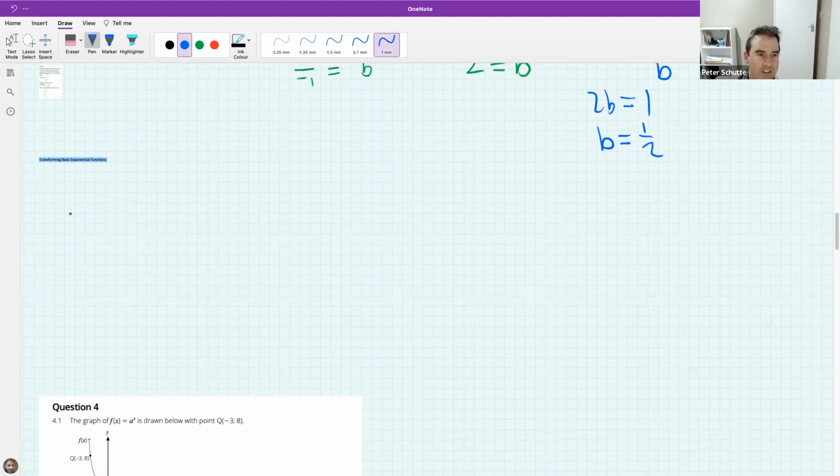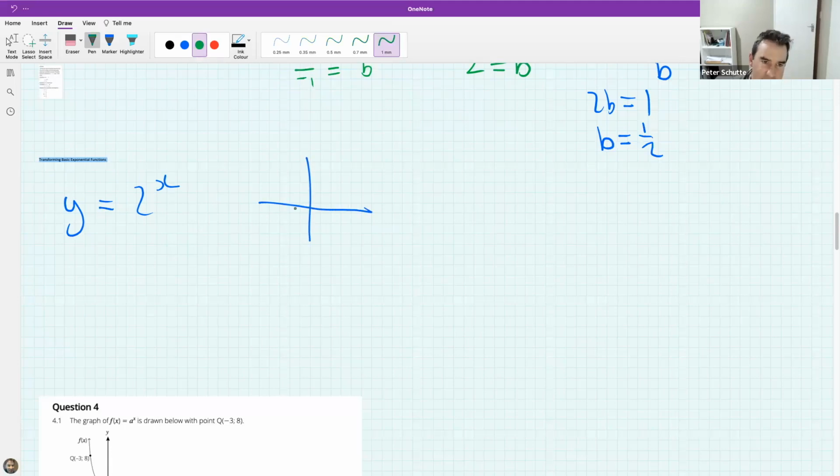So say, for example, we have the graph of y equals 2 to the x. Now, we've been studying that for a while. It's not a very exciting one, but it's a nice one to learn from. I also know from previous questions that it goes through 1. If I now say to you, I want you to draw the graph if I change the sign in front of the y, so let me write this down.